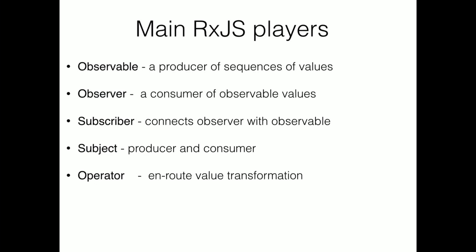Let's talk about the main players, so to speak, or main classes, main functions in Rx. And the good part is that if you learn Rx principles in any language, you can easily switch to a different language, and Rx will be very, very similar over there. The names of the classes may be a little different, but the principles are the same.